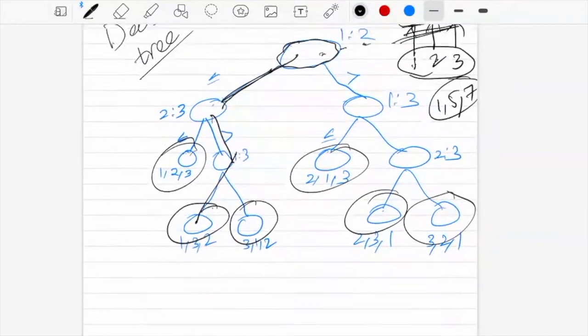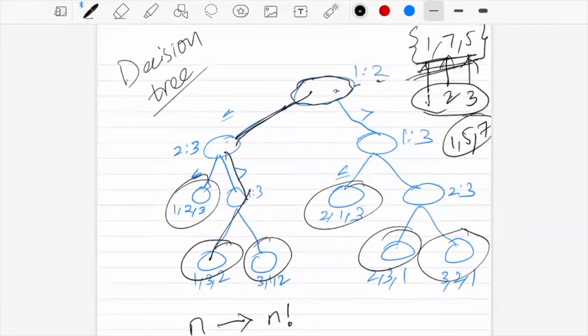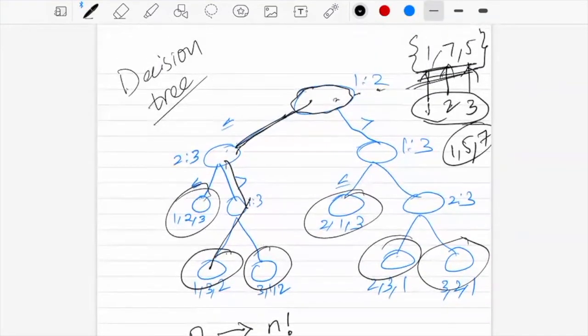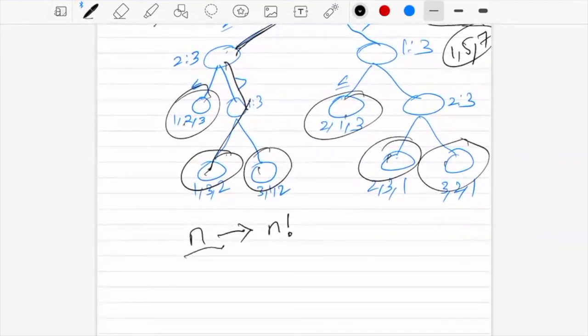Basically, if there are n elements in an array, the number of leaf nodes will be n factorial. In the above example, I have taken three elements in an array, so I have got 6 leaf nodes here.